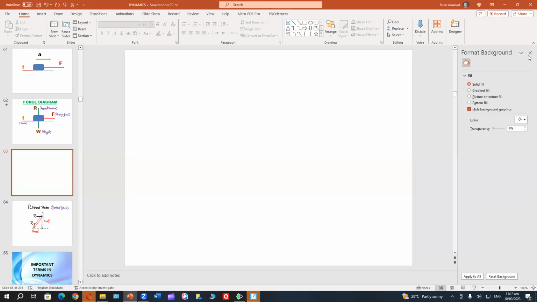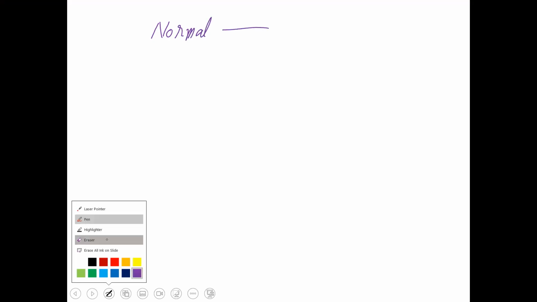So write under it that normal here refers to perpendicular.